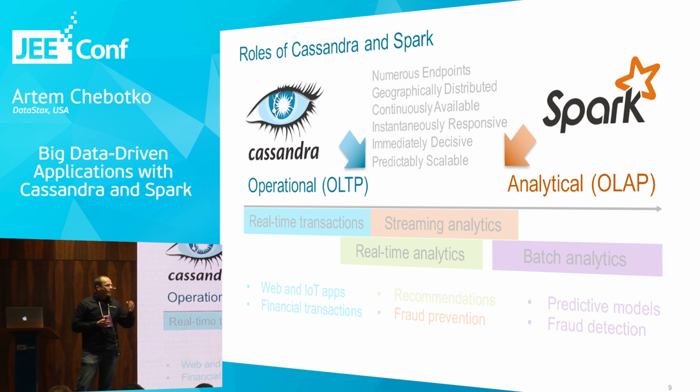Okay, so Spark and Cassandra together, none of them is going to solve all of these problems alone, but together they complement each other. They can fulfill all the requirements that I mentioned. Cassandra is going to work on the OLTP side, it's a database, and Spark is going to be a framework that can handle the analytical side.